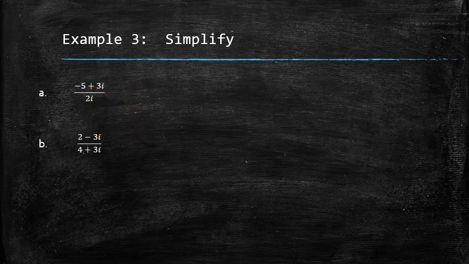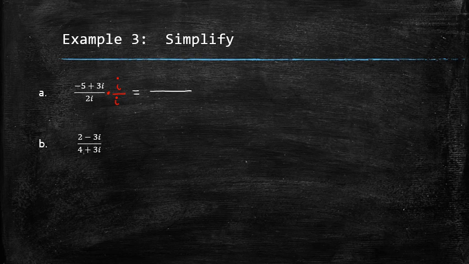And finally, example 3, we want to simplify. So these expressions are not simplified because there's an i in the denominator. We did something similar to this when we were simplifying and we had a radical in the denominator. So for this first one, I'm going to multiply by i over i. So I'm multiplying my fraction by the number 1, so I'm not changing the value of anything.